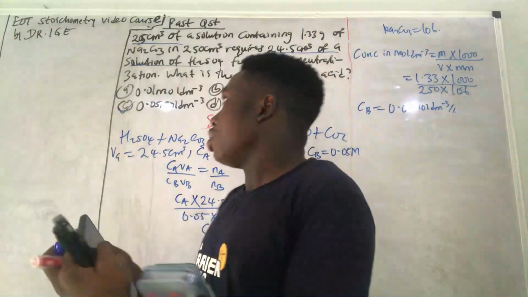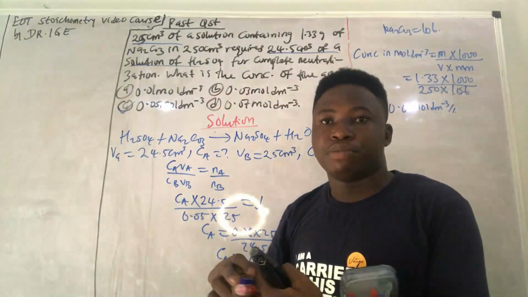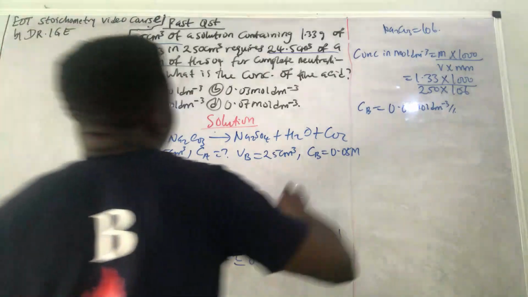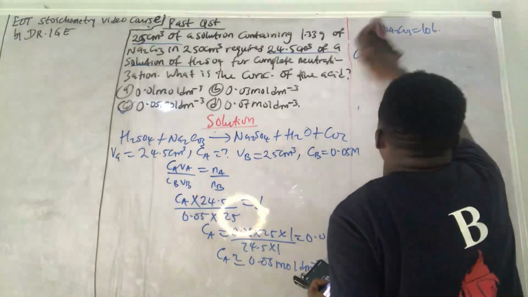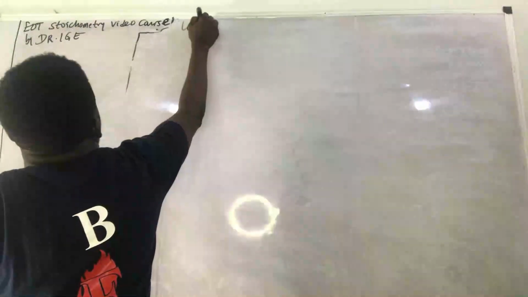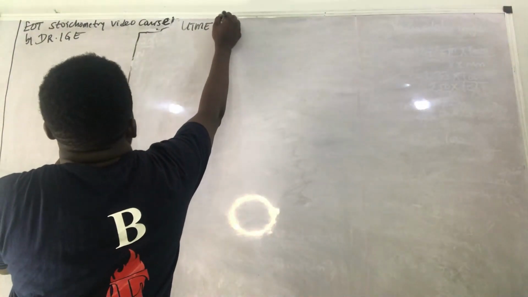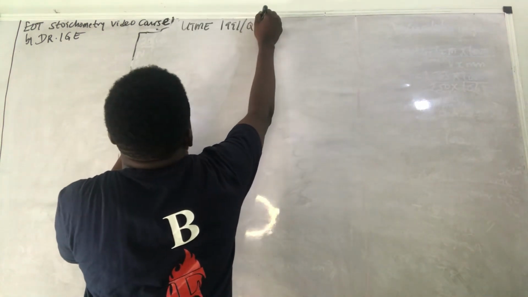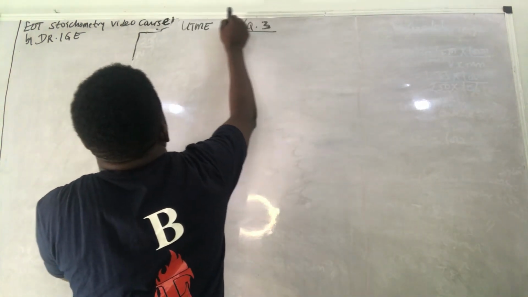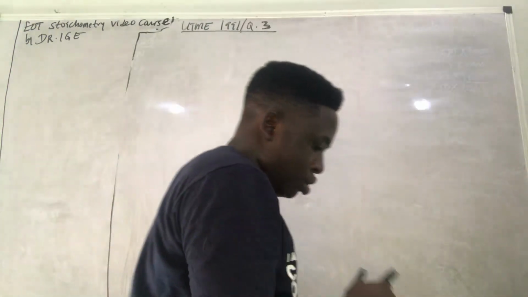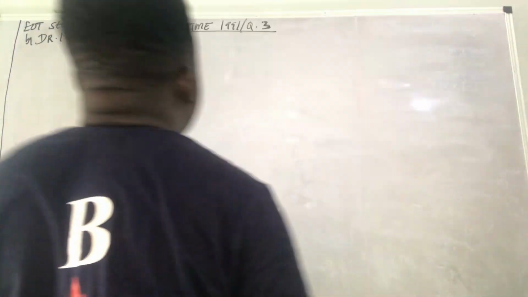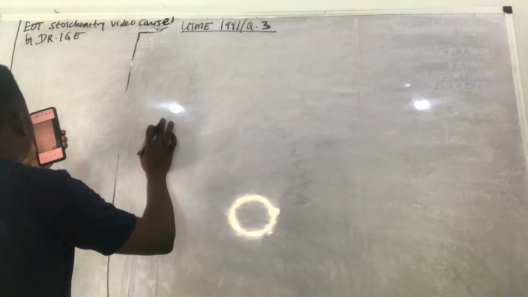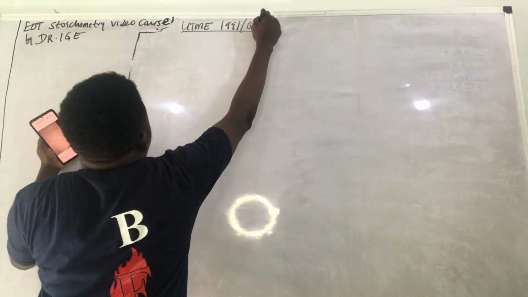Alright, so that's it. Let's move to example 2, or class work 2, or past question 2, whichever the case might be. UTME 1991, question 22 rather.